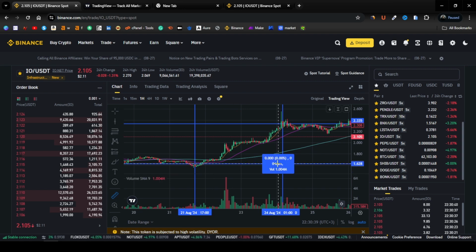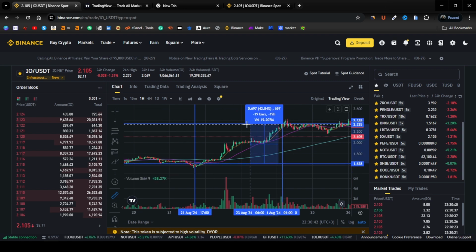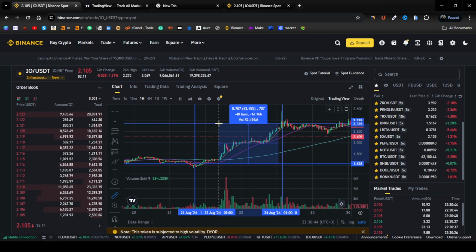let's see, and we are assuming that you sold the coin at $2.3. That is a percentage increase change of 43.76. Right, so let's do the math.